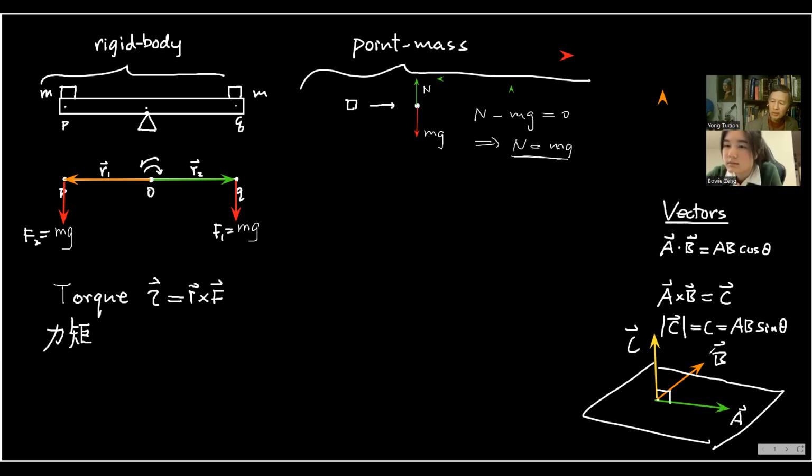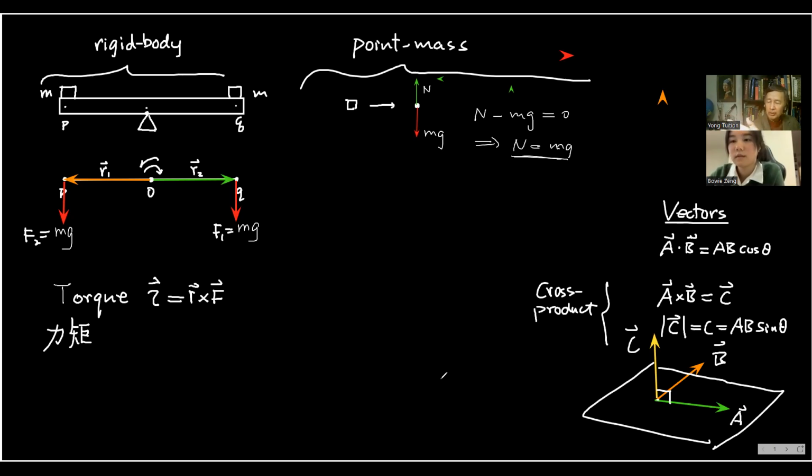So that is called the cross product of two vectors. And this is an example. We can apply this cross product idea to represent the torque. So you can use the right hand to determine the product.